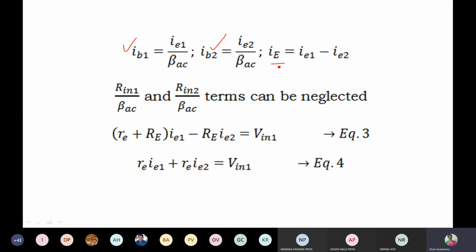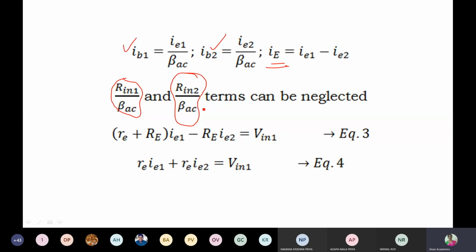The only new term you got here is IE, which is expressed in terms of IE1 and IE2, that is, IE1 minus IE2. Okay, and again in our previous analysis we have defined why R in 1 by beta AC and R in 2 by beta AC can be neglected.